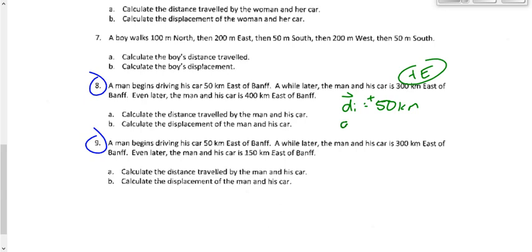Listen, my final position here is going to be 400 kilometers, right? But then I've got another displacement or another position in between. Let's call it DM, the middle position.